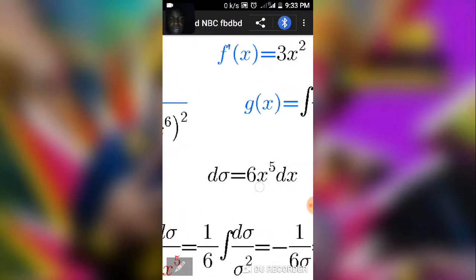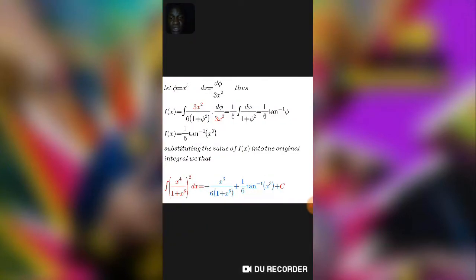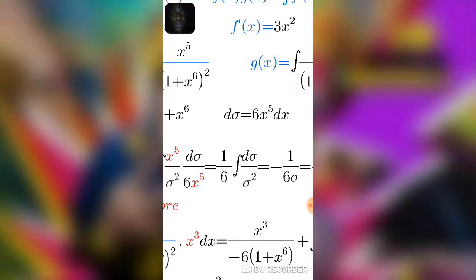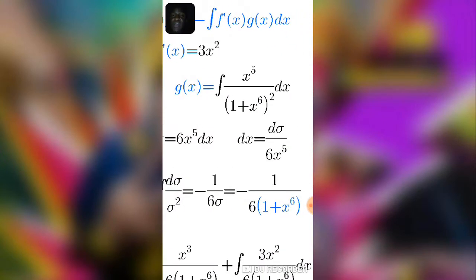We let sigma equal 1 plus x to the power 6, such that d sigma equals 6x raised to the power 5 dx. So dx is equal to d sigma over 6x raised to the power 5.